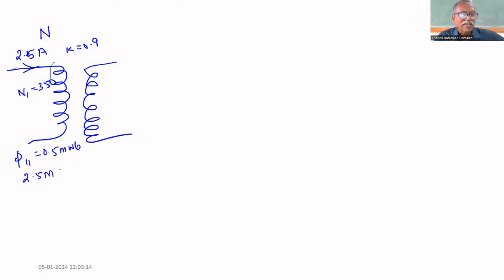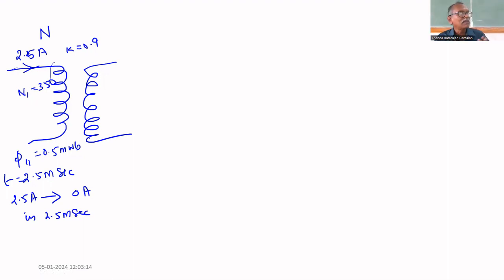In 2.5 milliseconds, this current is changed from 2.5 ampere to 0 ampere. That is given.